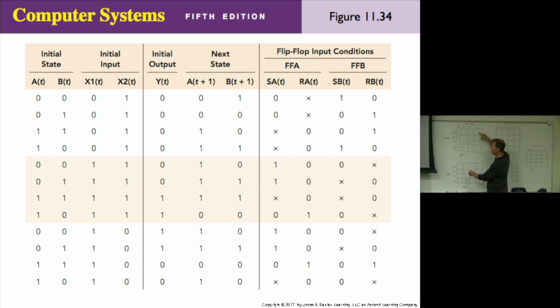It's the column for SA. First of all, we have to look at SA, right? We're doing SA. Do you see where x1, x2 is 1, 0?